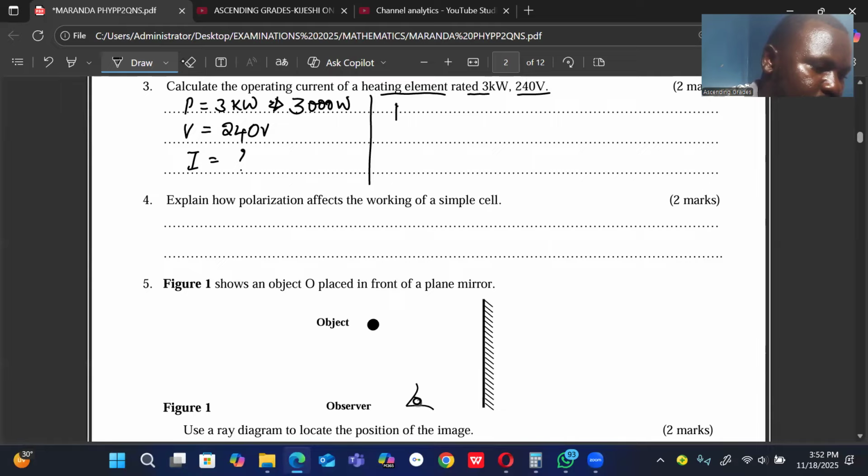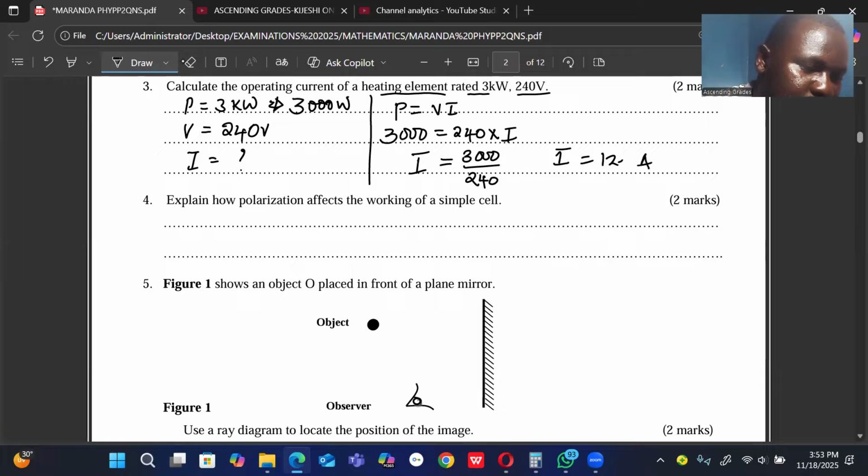So power is given by VI, then you can substitute and say that 3,000 will be given by 240 times the current. Making the current the subject of the formula, you will get 3,000 divided by 240, and this will give you a current of 12.5 amperes.